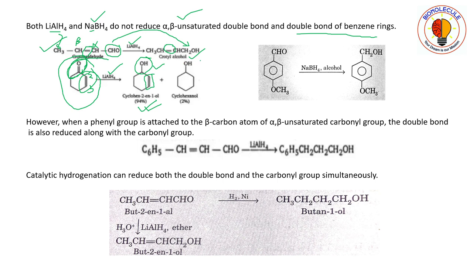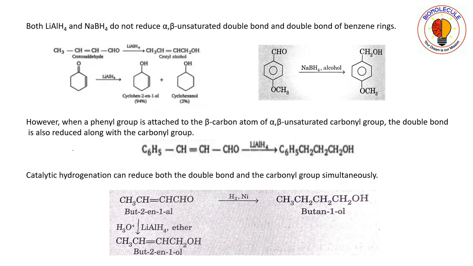We will also get this fully reduced product, where the double bond is also reduced, but that is only 2% and this one is 94%. That is a very minor product, so we will consider only this product, we will not consider that one.